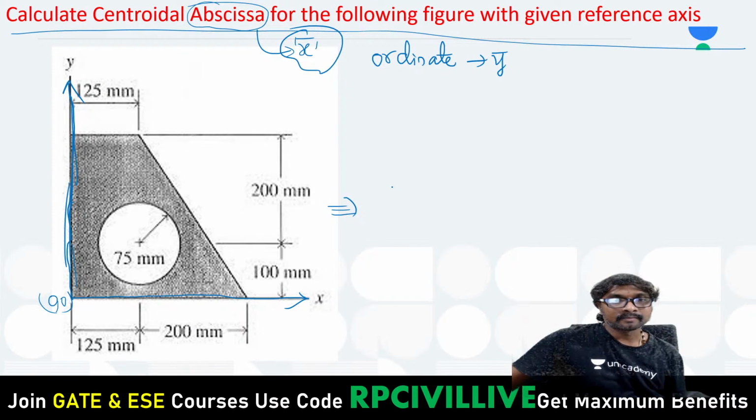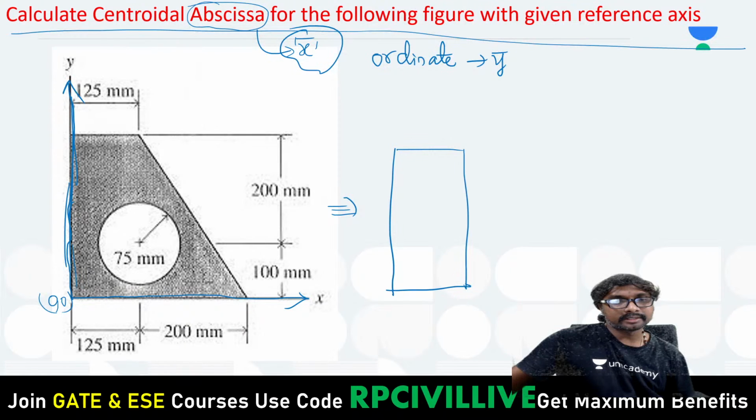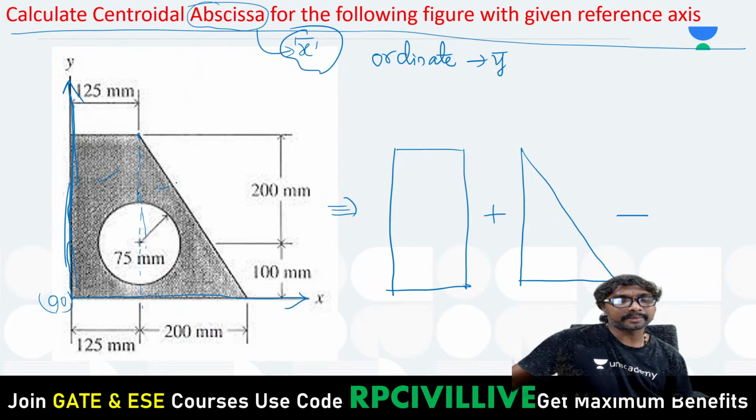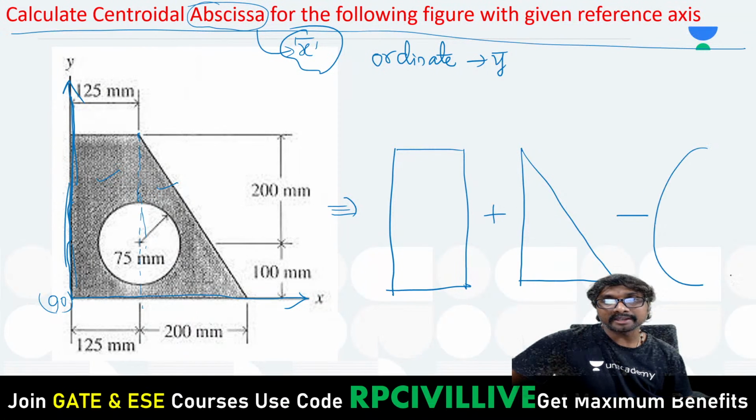First, a rectangular portion. Up to this you have this rectangular portion. Rectangular portion plus this triangular portion, minus which one? Rectangle on the left side, triangle on the right side. Rectangle plus triangle minus a circular portion.